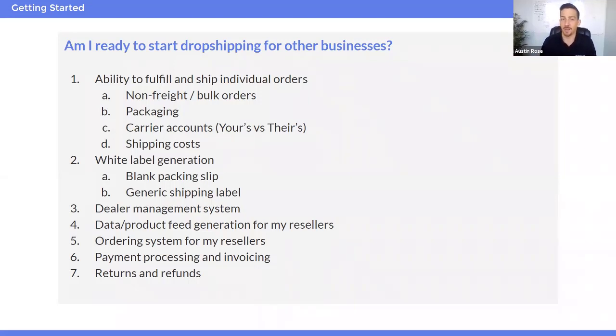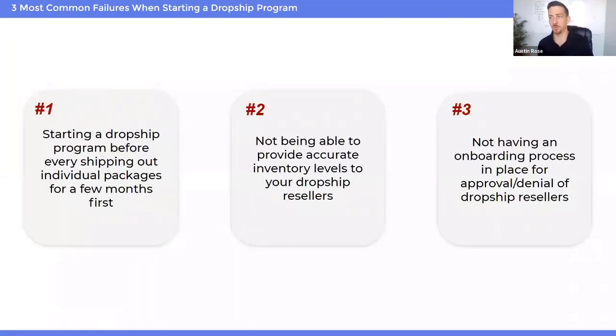So having said that, let's jump into those 3 most common failures that we see when it comes to starting a dropshipping program. Number 1 is starting a program before you've ever shipped out anything individually. Because when you turn it on, people will start sending you orders. There's people out there that really move products quick. And if you've never sent out an individual order, your team or whoever is manning the warehouse, the brick and mortar that you're sending individual orders out of, will have a heck of a headache.